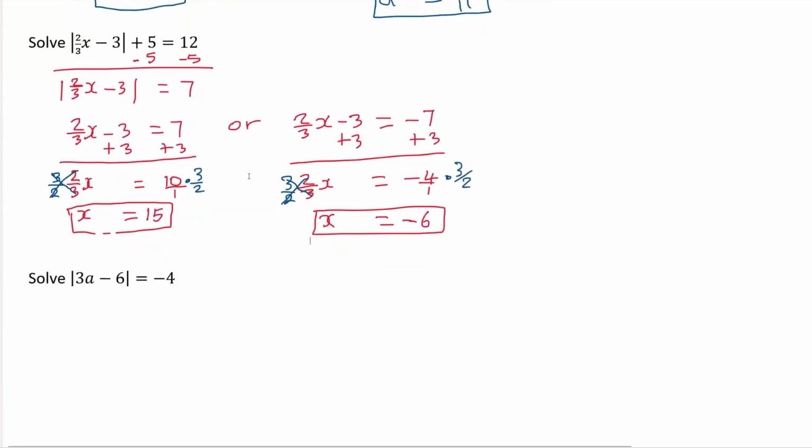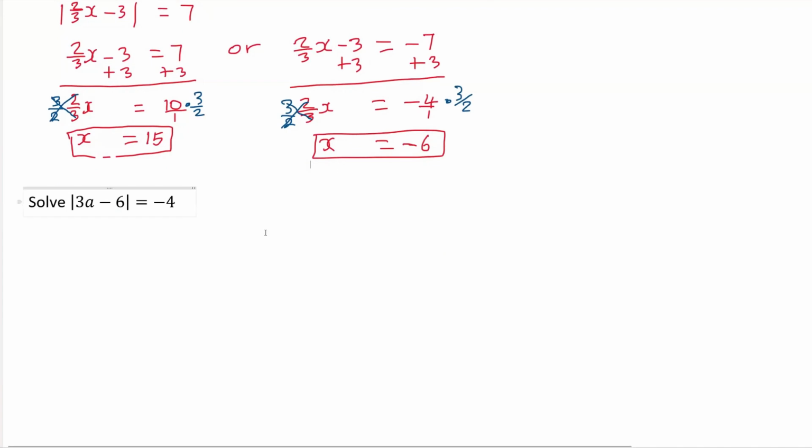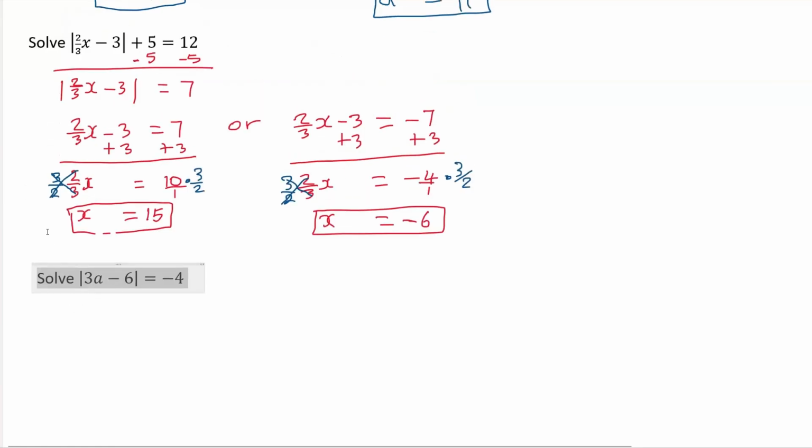All right, next we have this equation that we want to solve. So we want to solve the absolute value of 3a minus 6 equals -4.